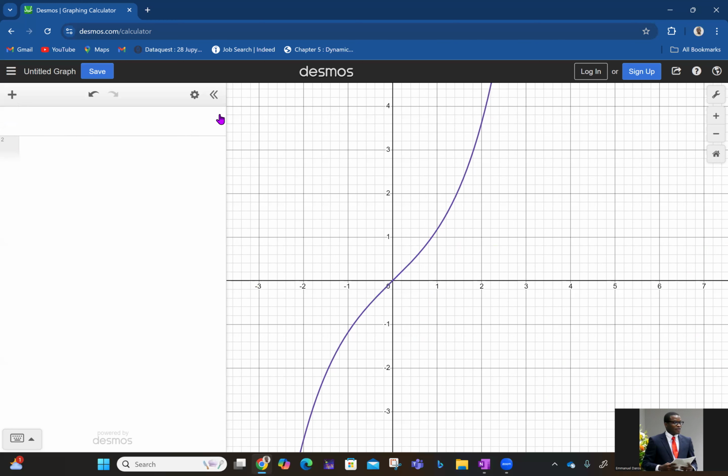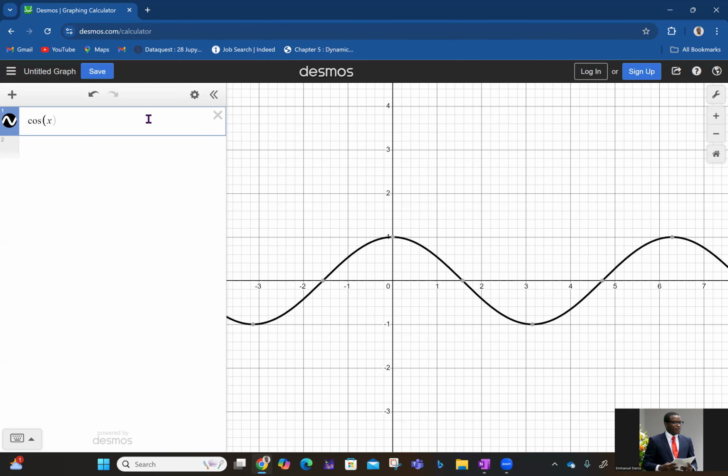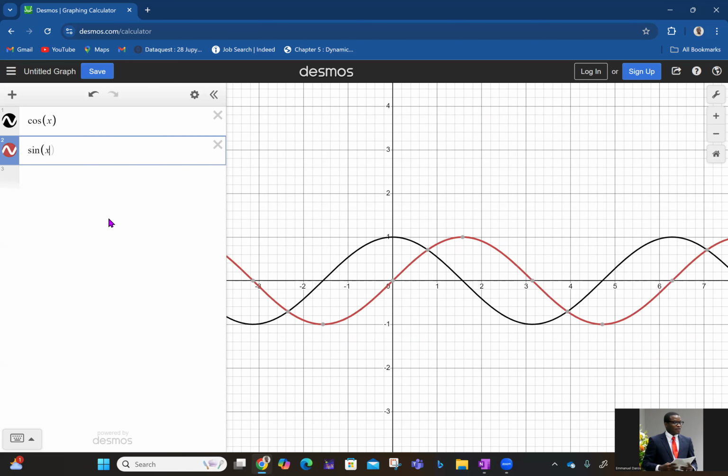Let's look at cos x and cosh x. So cos x. See what cos x looks like. So cos x is also bounded between 1 and -1. Of course, what's the difference between sine and cos? Sine passes through the origin. You can see sine is passing through the origin, but cos doesn't pass through the origin. So that's the difference. But they're both bounded between 1 and -1. So let's see what cosh looks like.